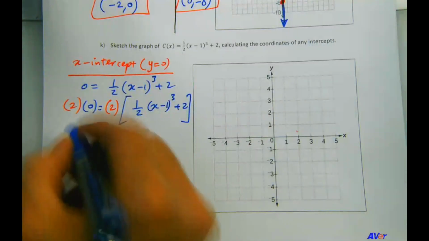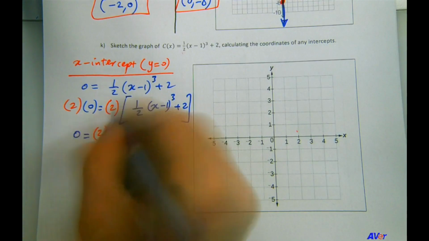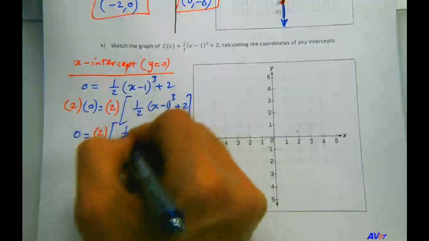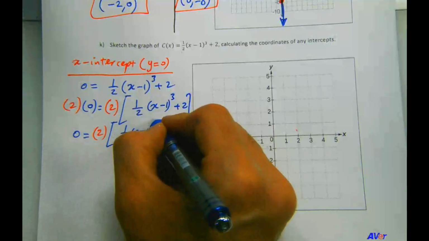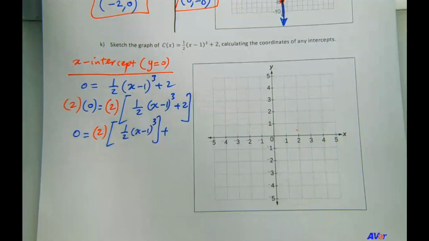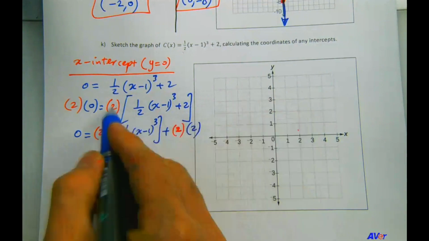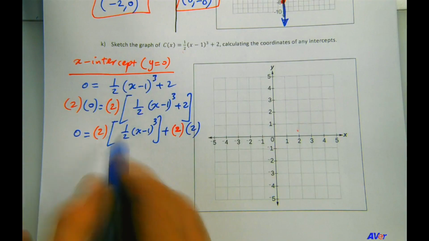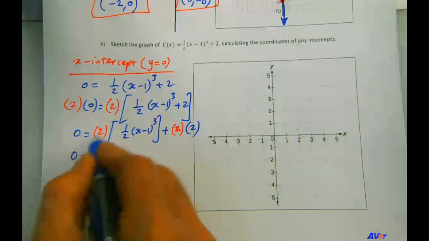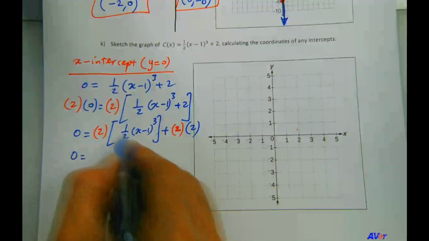So on this side we have 0, of course. On that side we have 2 times 1/2 times x minus 1 cubed, I'm just distributing this, plus 2 times 2. I distributed this to that term and to that term. Now this 2 and this 2 cancel each other out.